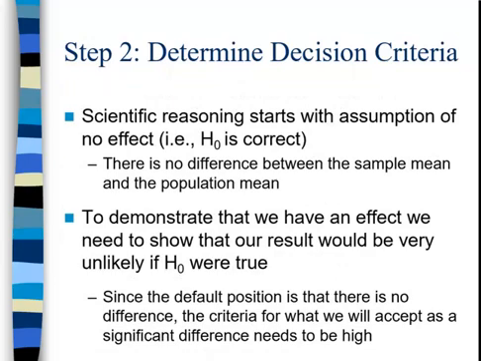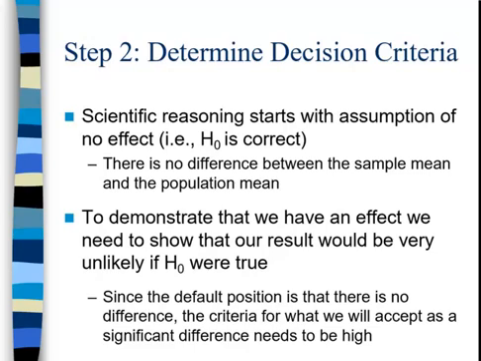And why do we do this? Well, the reason is that you can think of science as small c conservative. In fact, our scientific reasoning really starts with the assumption that we're not going to find an effect.